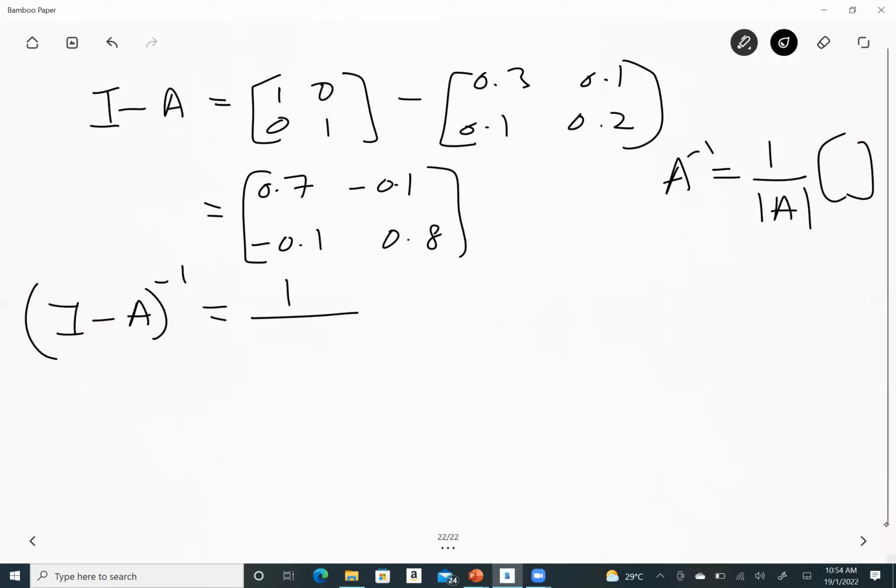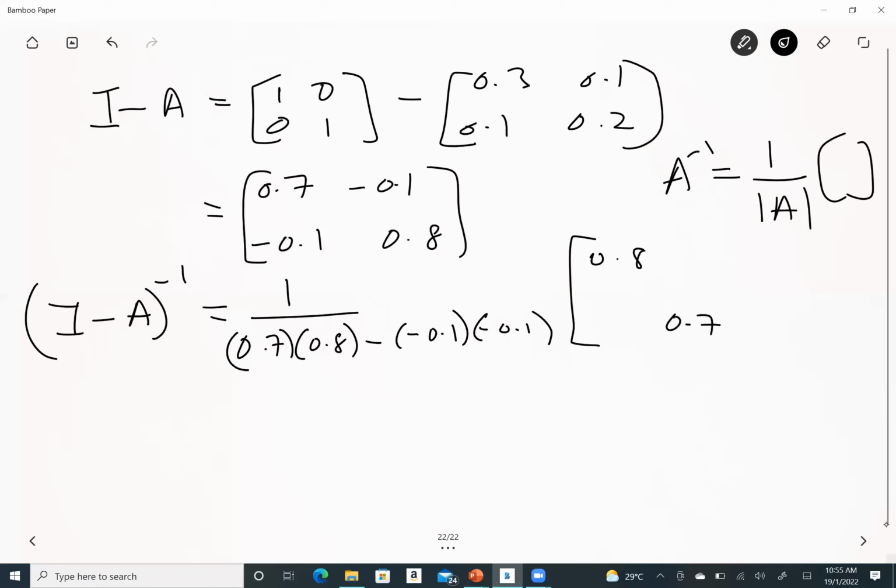So it will be equal to 1 divided by 0.7 times 0.8 minus negative 0.1 times negative 0.1. Multiply with, make the change: 0.8, 0.7, and here becomes negative.